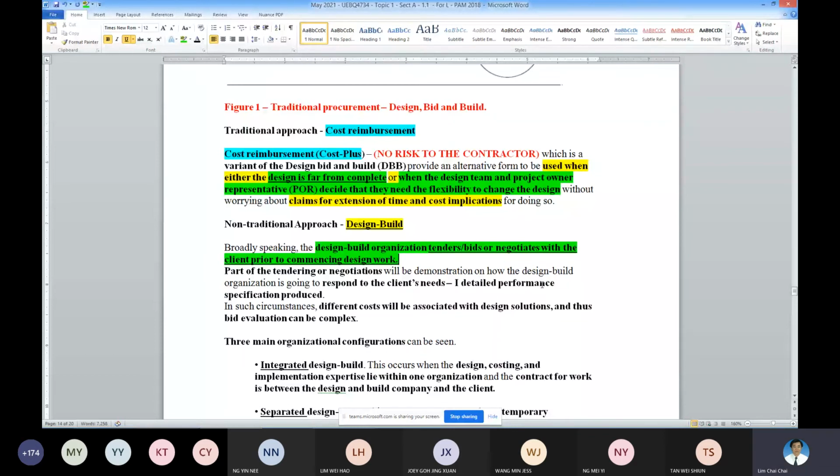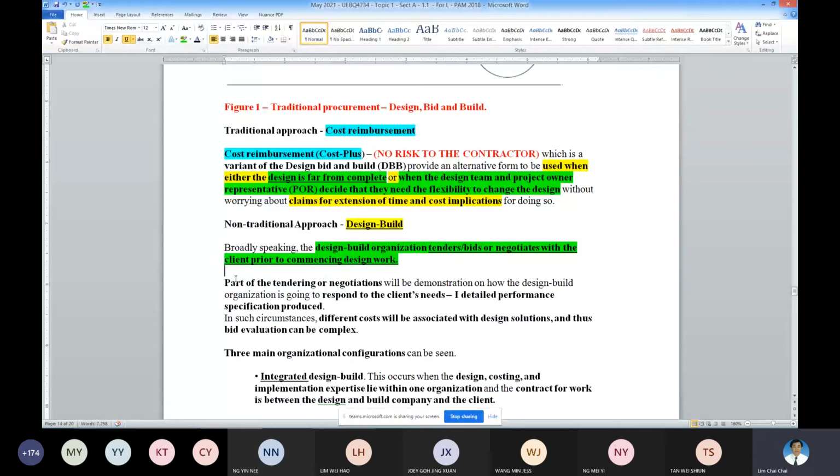So part of the tendering or negotiation will be demonstrated on how the design and build organization responds to the client's need. So in order for the design and build to be successful, it must have something beneficial to the client. But the client needs to produce a performance specification.